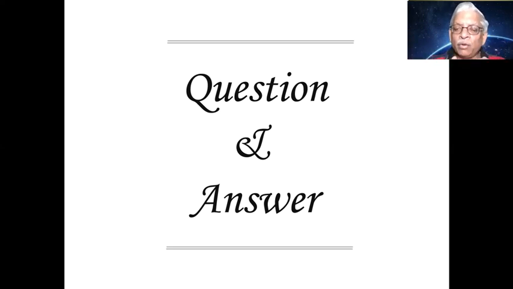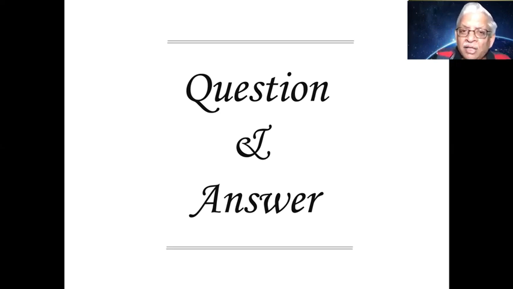Now, in the 14th chapter, Lord Krishna says there is something which is beyond Sattva, Rajas, and Tamas, and that is Turiya Atma. What is revealed in the 14th chapter is exactly the same as what is revealed in the Mandukya Upanishad.